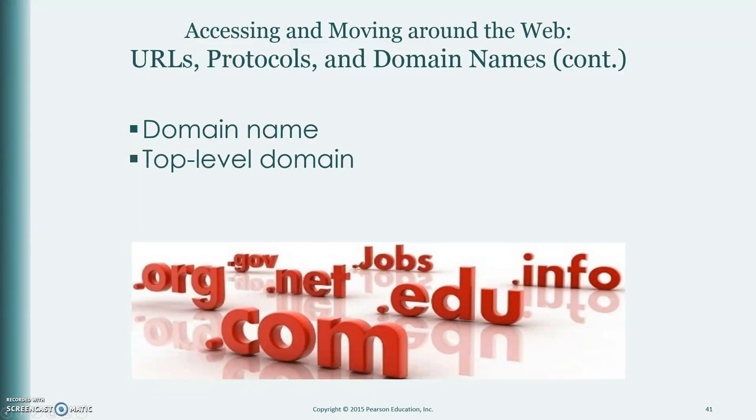So, for example, www.usa.gov or www.whitehouse.gov or www.nmhu.edu. That .edu, that .gov, those are top-level domains. And what they do is they basically describe what type of site you're visiting. So it's good to pay attention to those to make sure you're actually at the site you want to be at.